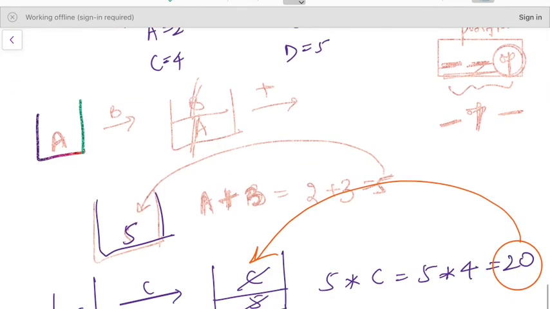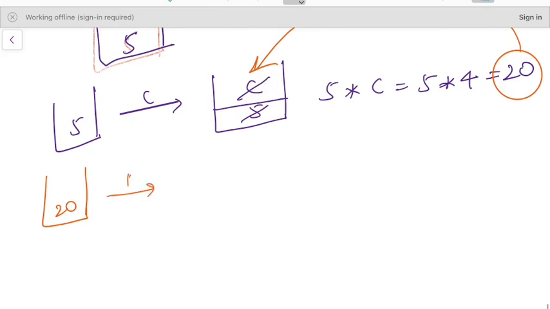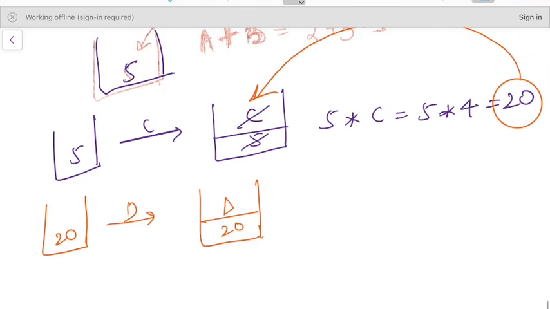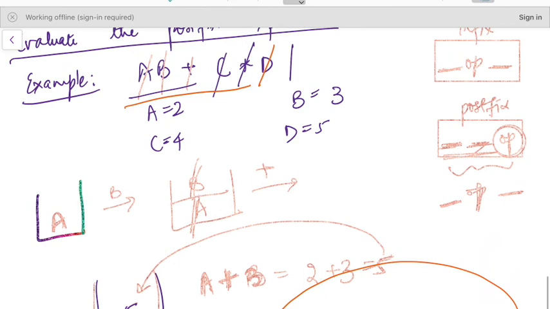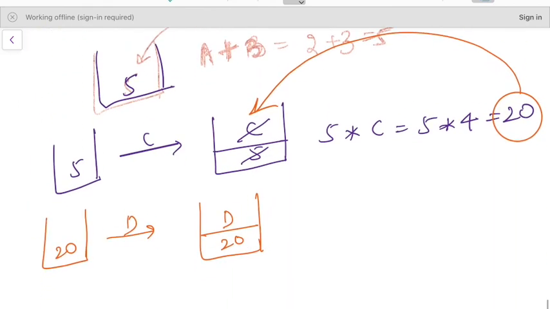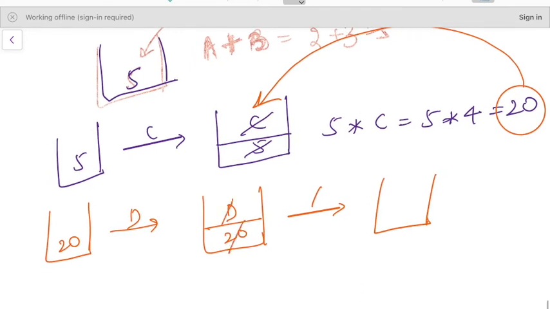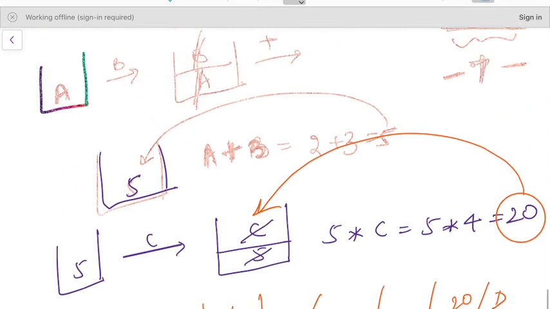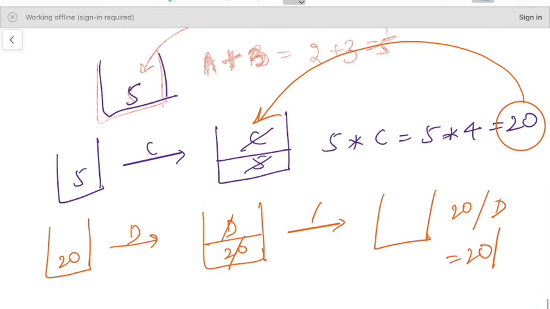Then comes D. This is pushed onto the stack, right? And then comes the last operator, the division operator. So these two are popped out of the stack, so the stack becomes empty. So 20 divided by D, and D was 5.